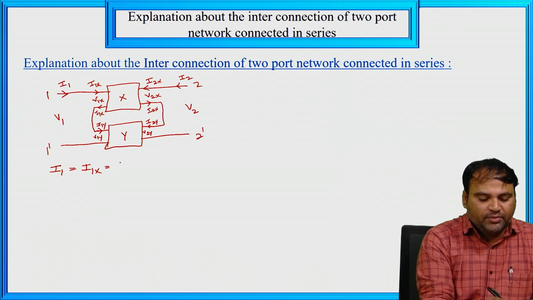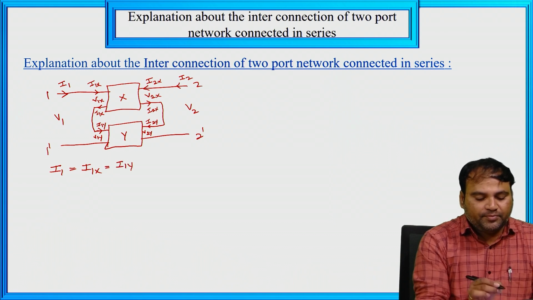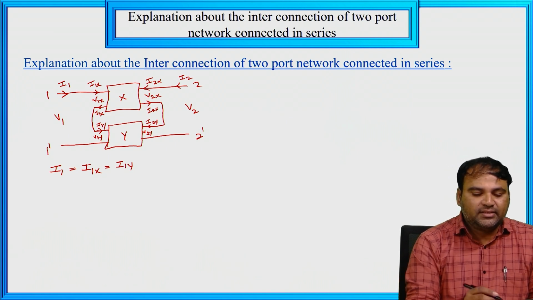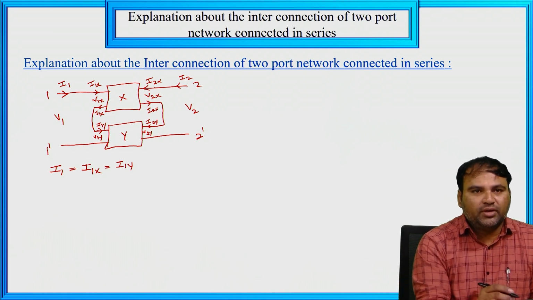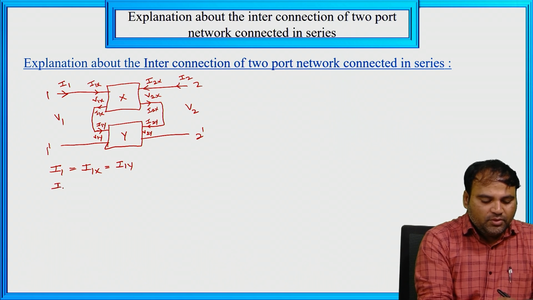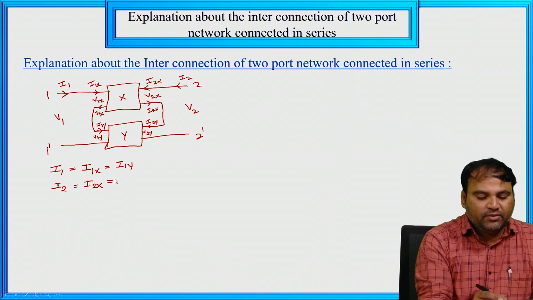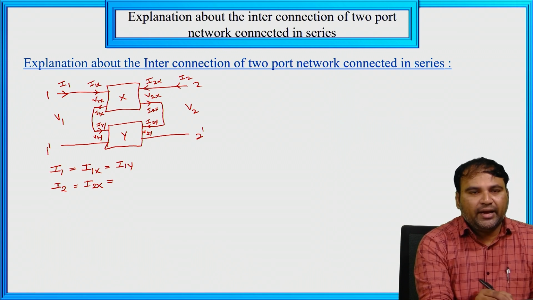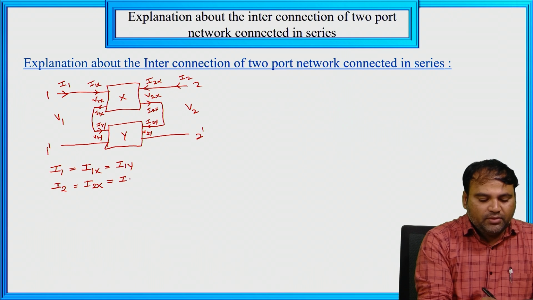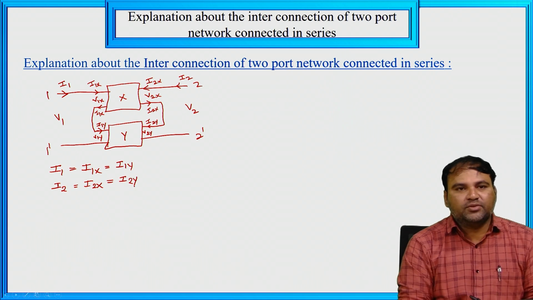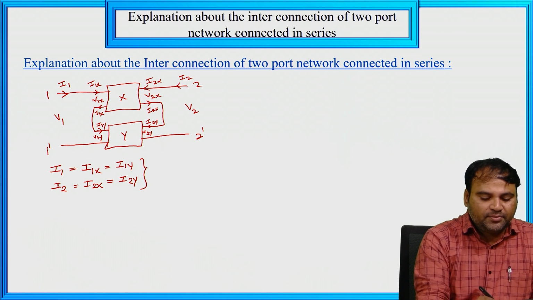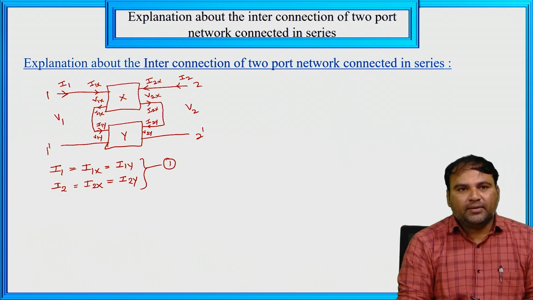Now the second current relation is on the secondary side: I2 equals I2X, which is nothing but I2Y. So this is the current relation, equation number 1.